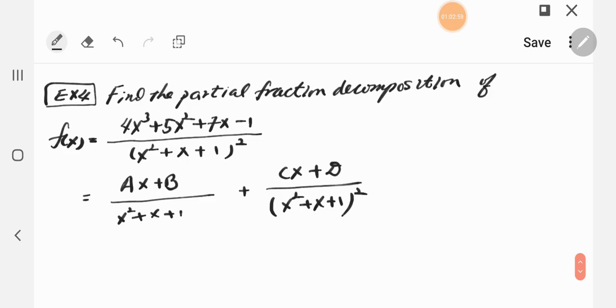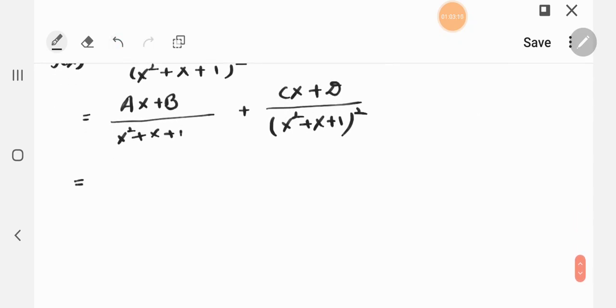Alright, from this we know that, let me write in the next line. The LCD is x squared plus x plus 1 squared.